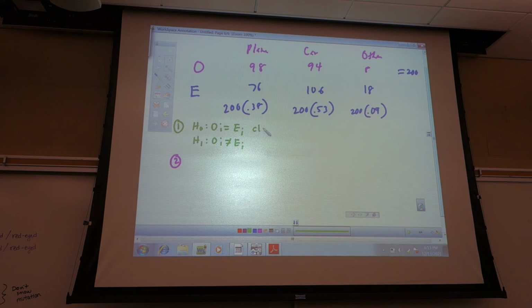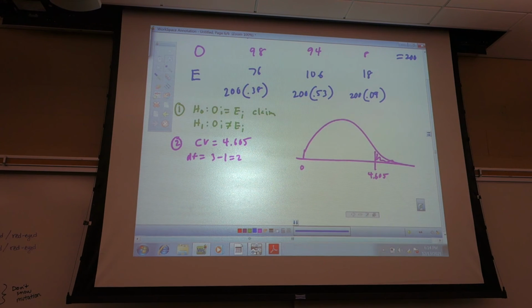H naught is my claim, great. Step 2. Destiny, go ahead, what's step 2? So recognize your degrees of freedom, which is the number of categories minus one, which is 2. Okay, so then you find your critical value, which is what? 4.605. Okay. We found expected values already, so then step 3.